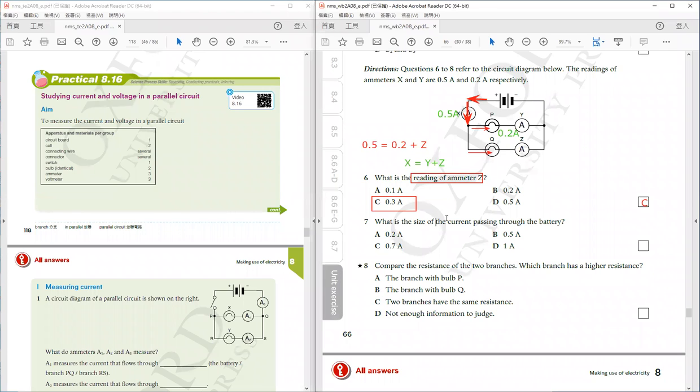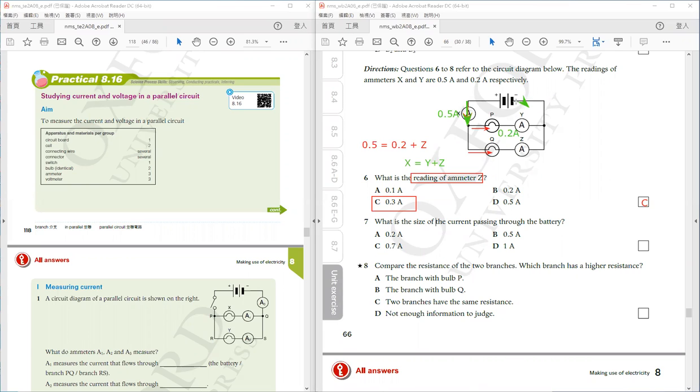Okay, so the size of the current passing through the battery. Let me draw here. Okay, pick a line. So the current passing through ammeter X is 0.5.